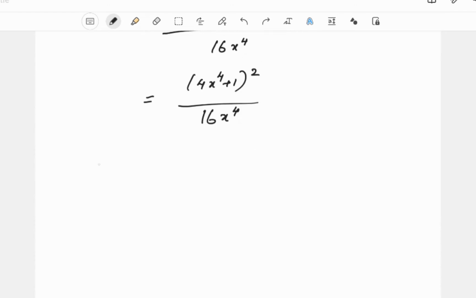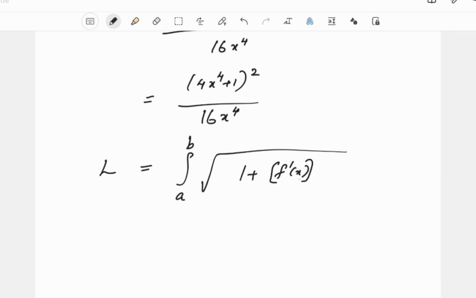And now we can find the length of the graph of the function using the formula integral a to b square root of 1 plus f dash of x the whole square dx.